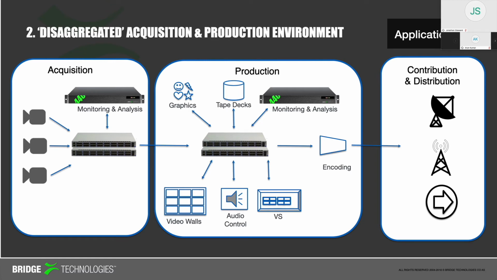Again, the VB440 can analyze at the acquisition site, and it can also monitor at the central production site. But because the VB440 is a web-based device, it can be situated in either of these places or both, but it can be web browsed by anyone on the network.